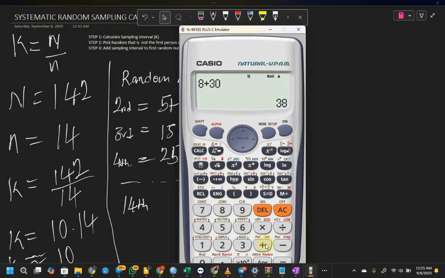Then the third is 38 plus the sampling interval again, 30, which gives 68. So the 68th person will be the third person. To get the eighth person, you repeat until you get to the eighth.